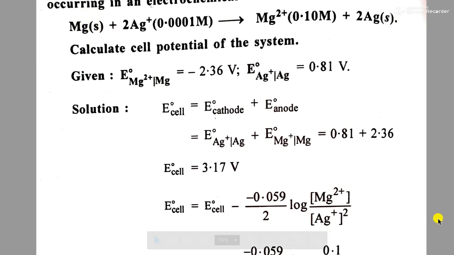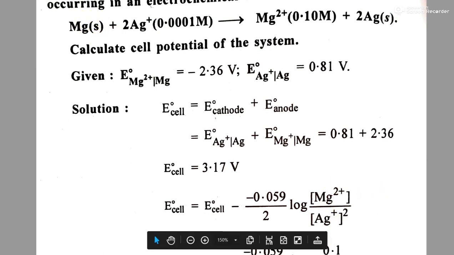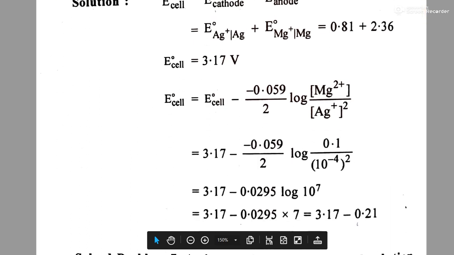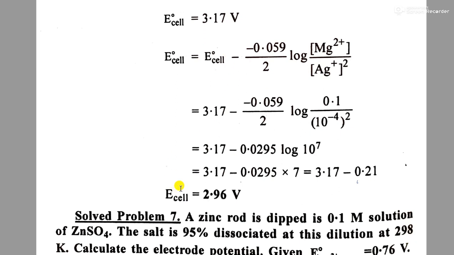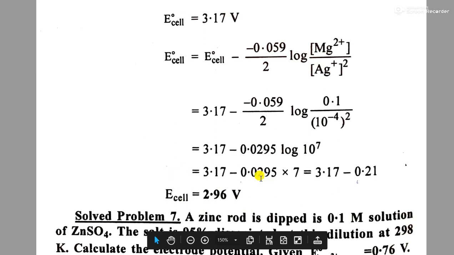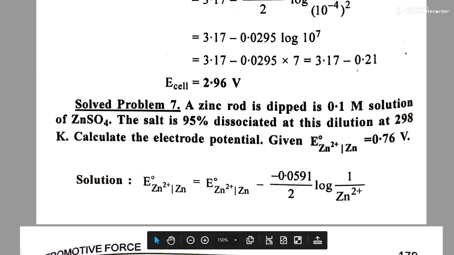So that we are not representing in the formula. So you obtain the final answer of E of a cell as 2.96 volt. So here also you see that the cell EMF is positive. Okay, it is positive, therefore the reaction is feasible.